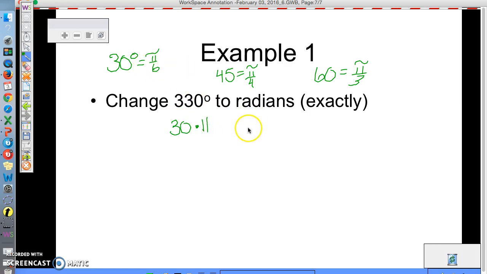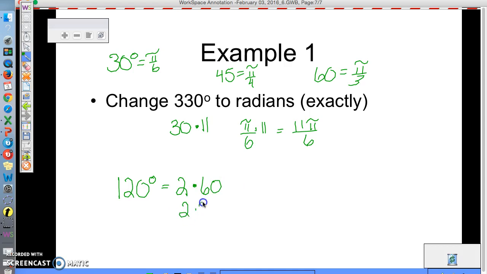Well, we know 30 is pi over 6, so pi over 6 times 11, and you'll see it as a fraction, 11 pi over 6. If you had 120 degrees, well, that's equivalent to 2 times 60, so that's going to be 2 times pi over 3, which would be 2 pi over 3.